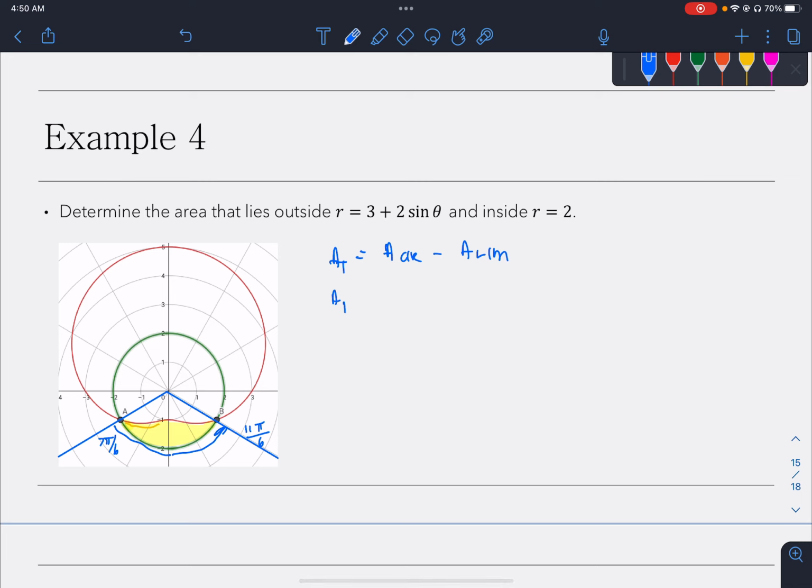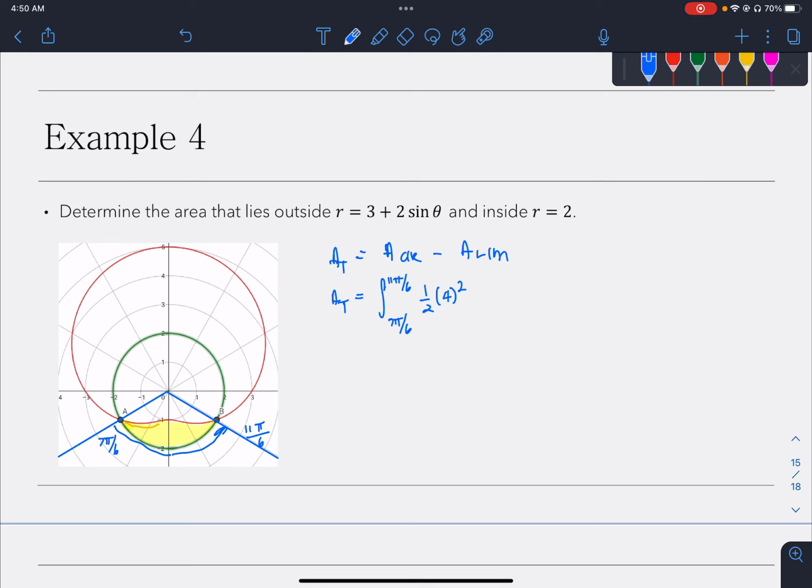So the total area would be the area of the circle, from 7 pi all over 6 to 11 pi all over 6, evaluated, where the area of the circle is 1/2 r squared. So our r is 4 squared.